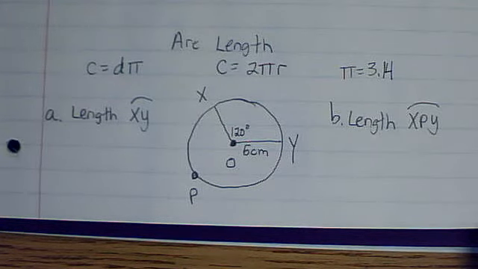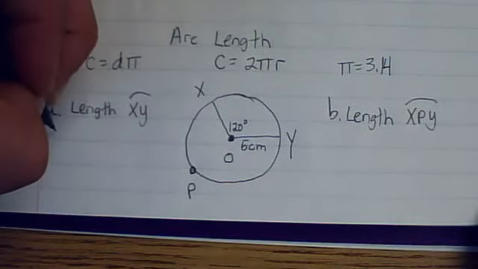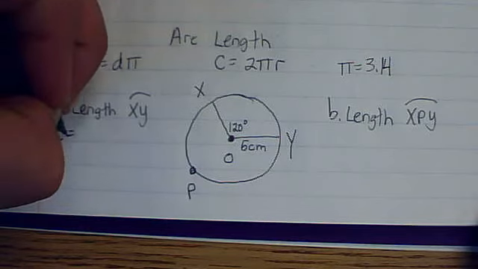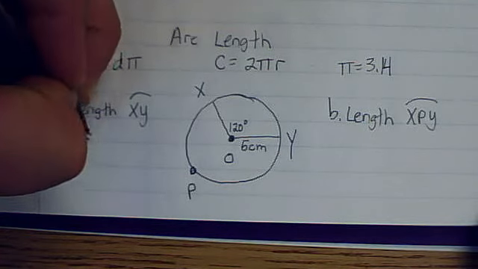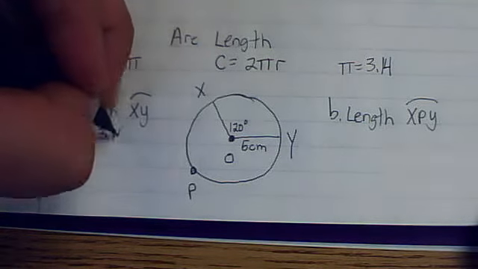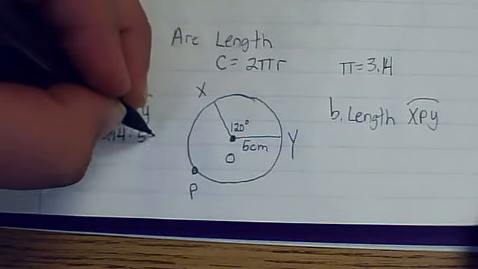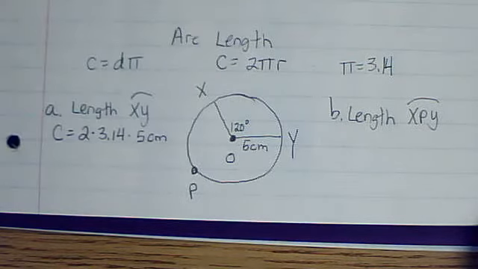So now let's go through and figure out what the lengths of these arcs are. In both instances here, I first want to find my circumference. So I know that I have 5 as my radius, so I'm going to do 2 times 3.14 times my radius of 5 centimeters.